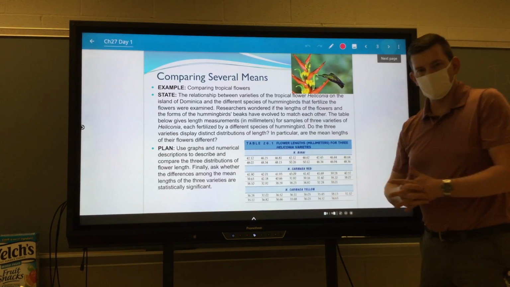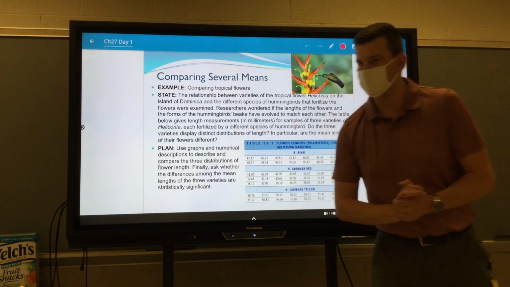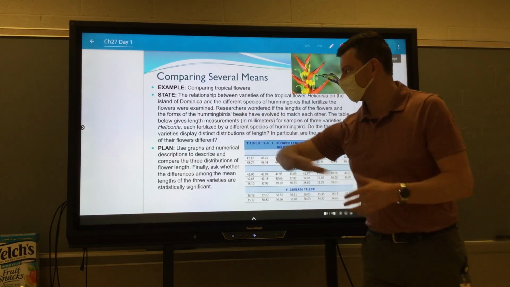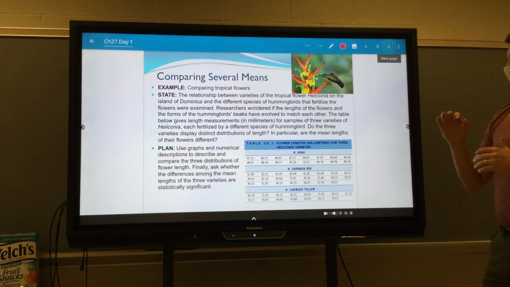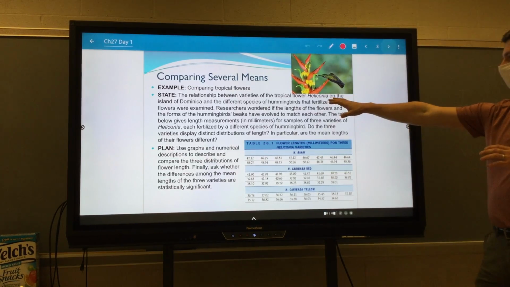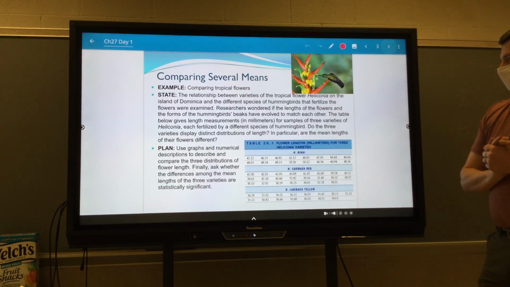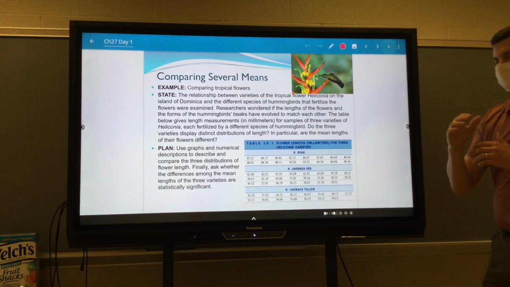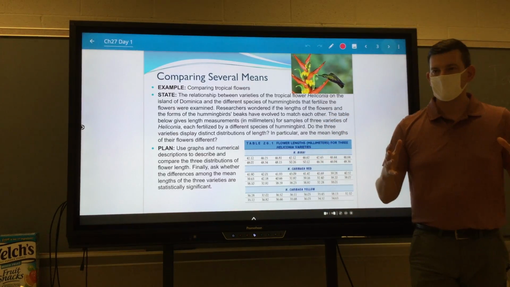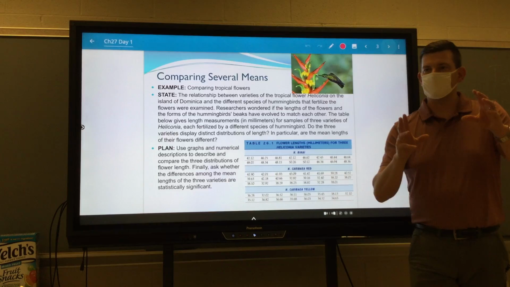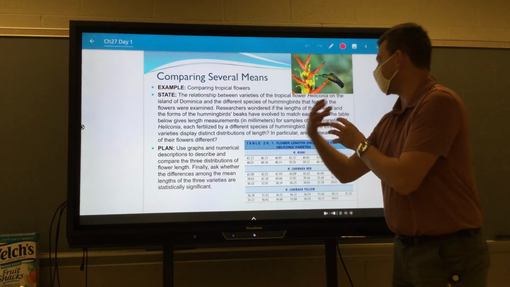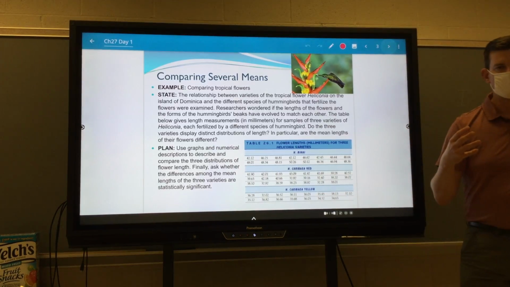The example problem that we're going to use as our framework in this lesson is on the Caribbean island of Dominica. The tropical flower there, called a heliconia, has a few different varieties that over time have some distinguishing characteristics, like the length of those flowers.